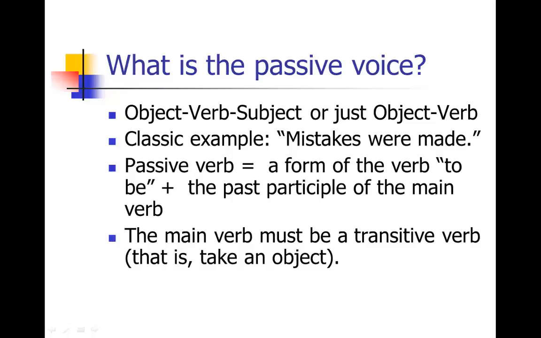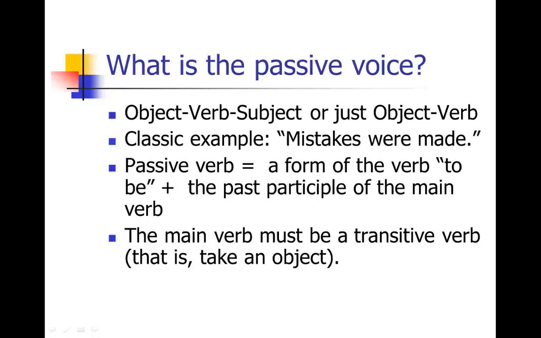It has to take an object or you won't be able to invert it into the passive voice. A verb that takes an object would be, again, like she throws the ball. The verb throws in that sentence takes the object, the ball. Contrast that to the sentence, she runs, where you're just talking about the athletic activity of running. If you say she runs, in that sentence, run does not take an object, so there's no way to turn that into the passive voice.